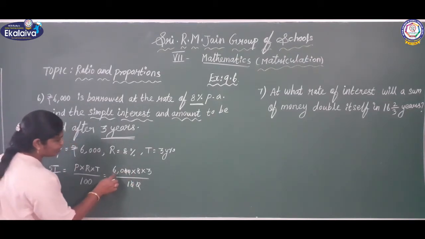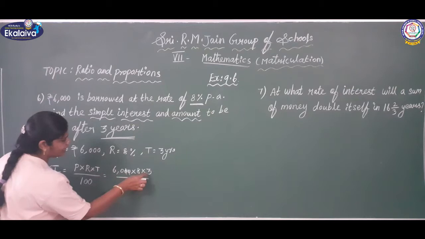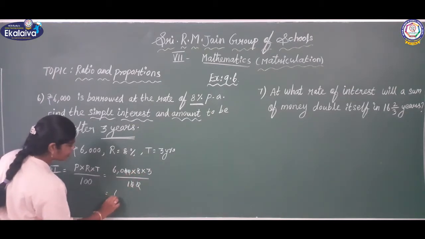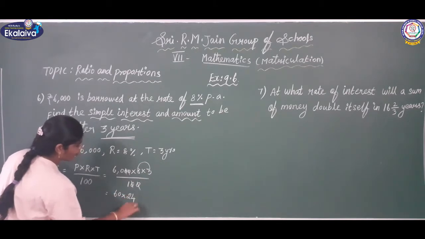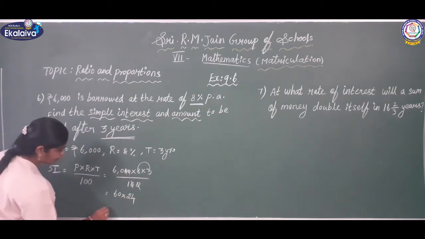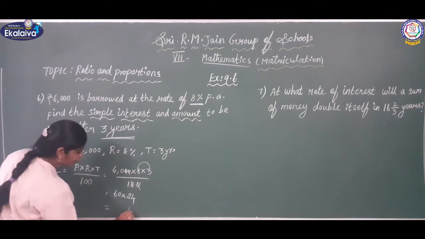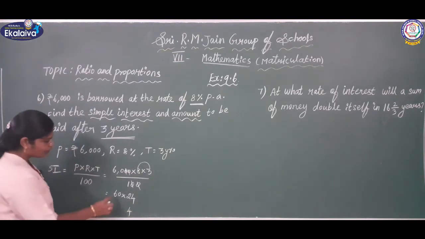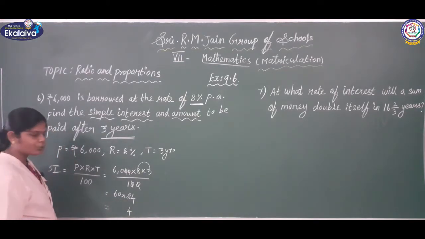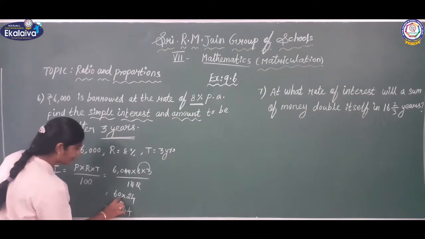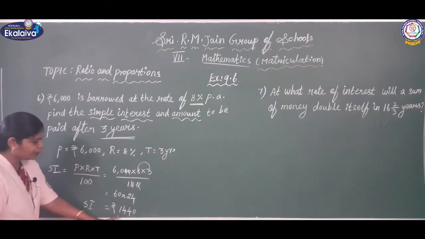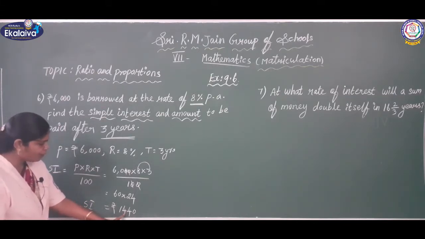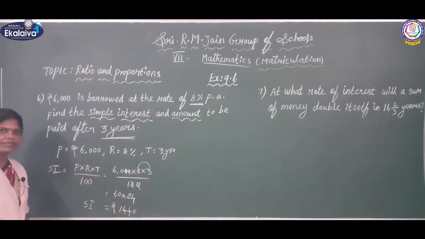So what is remaining? 60 into 8 into 3. 8 3s are 24. Now multiply this. 6 4s are 24, 4 remaining 2, 6 2s are 12, 12 plus 2 14, and here 1 0 is there, that you have to put it. So simple interest equal to rupees 1,440. Is it clear children?